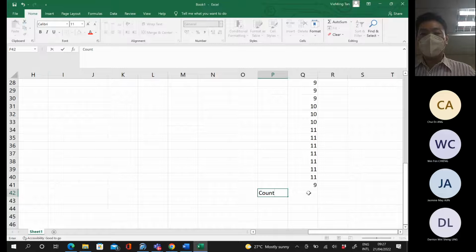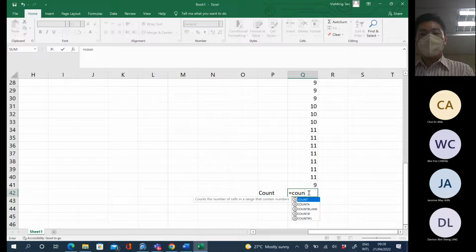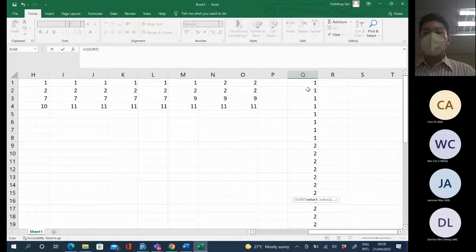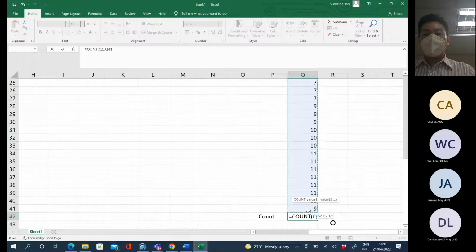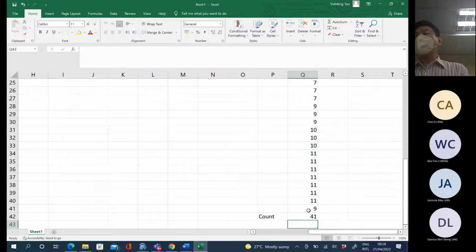Usually I use equal C-O-U-N-T, to count how many data we have copied. So highlight, then put a close bracket, and press enter. Altogether, we have 41 data. Okay.